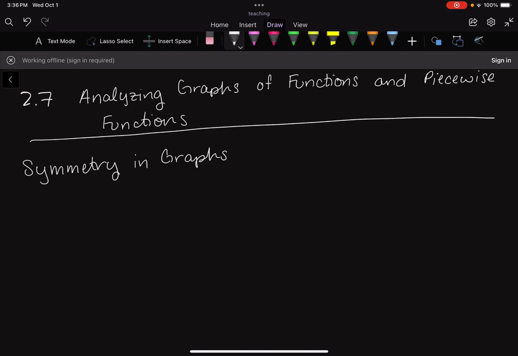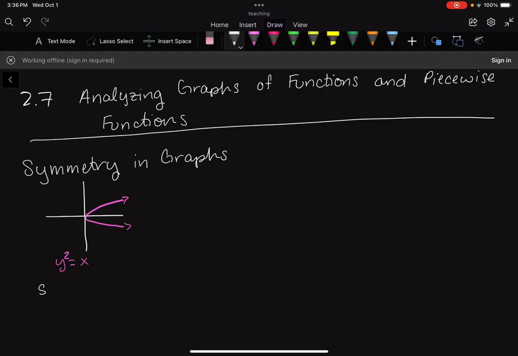So one type is that we can be symmetrical with respect to the x-axis. So a good example of this one would be y squared equals x.